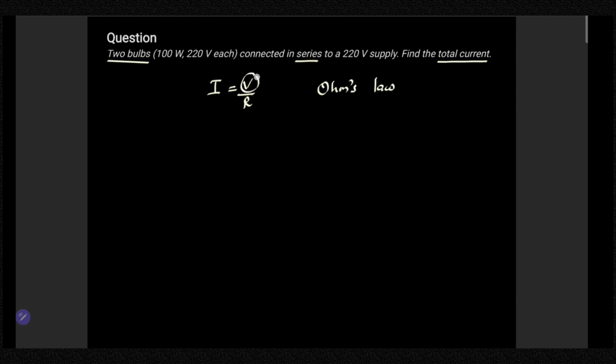So here we know V, which is 220 volt, and we need to find R. To find R, we can use the same equation we used for the last question, the power equation, V squared by R. So here R will be 220 square by 100, which is 484 ohm.